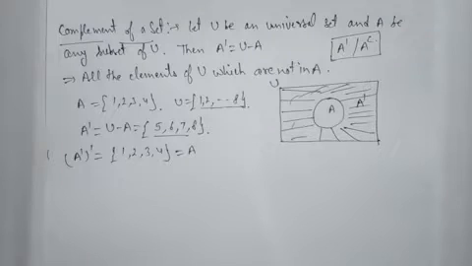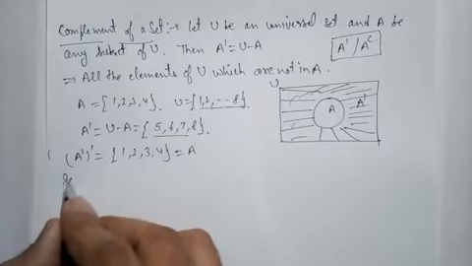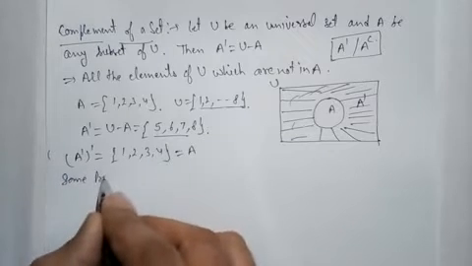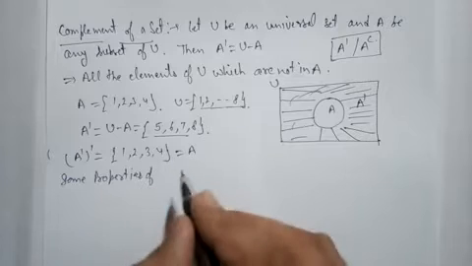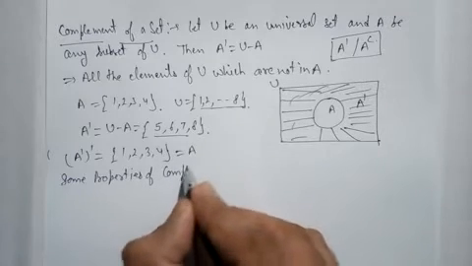For finding the complement we must know the universal set. If you are asked to find the complement of a particular set, you will be given the universal set. Now some properties of a complement set.